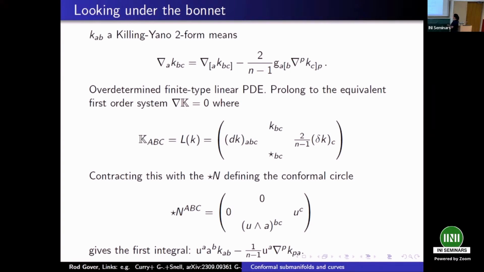Now contract this with the star n. What does the star n look like in slots? This is the tractor written in slots. This bit is skew tensors at the top. These are rank 1 things here, rank 3 things, and so on, and 2 tensors down here. So the star n really is just 0, 0, the velocity, and the velocity wedged with the acceleration. So it's actually very simple. And you're contracting it into that. This slot contracts into the top.